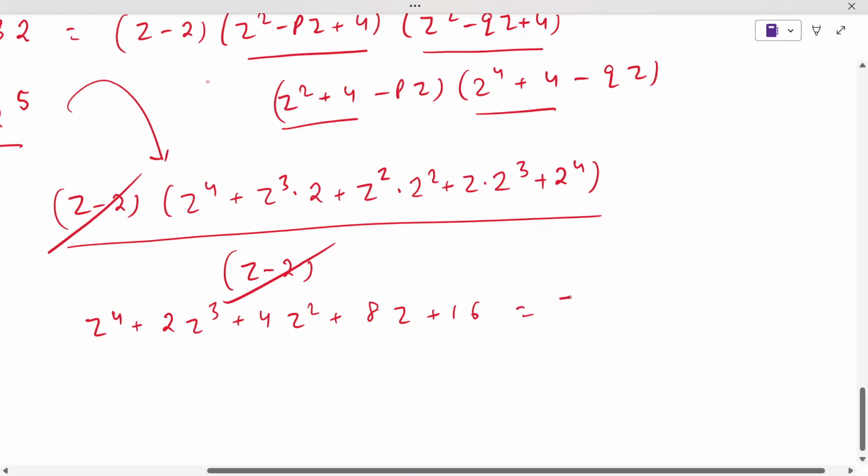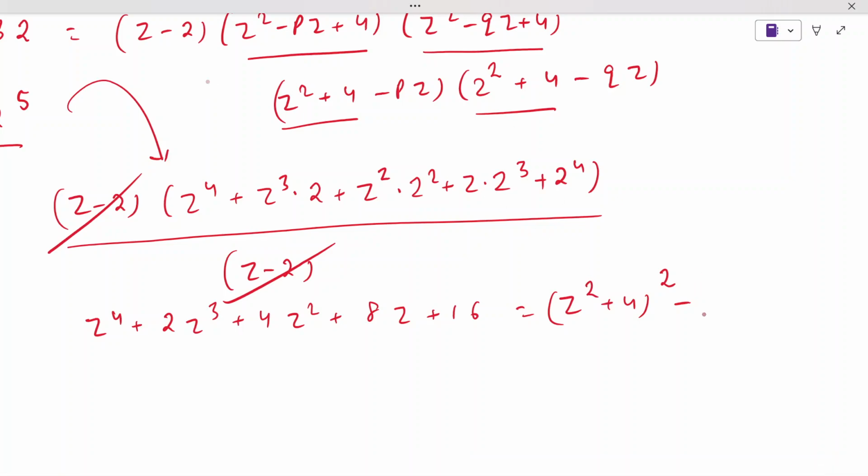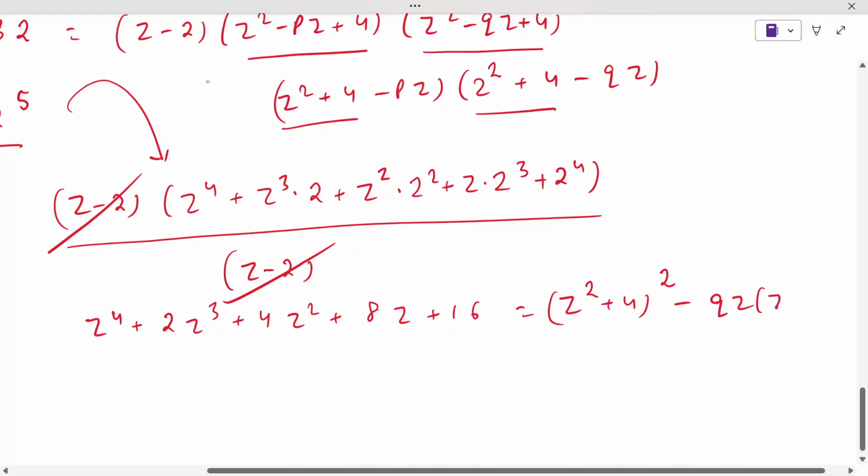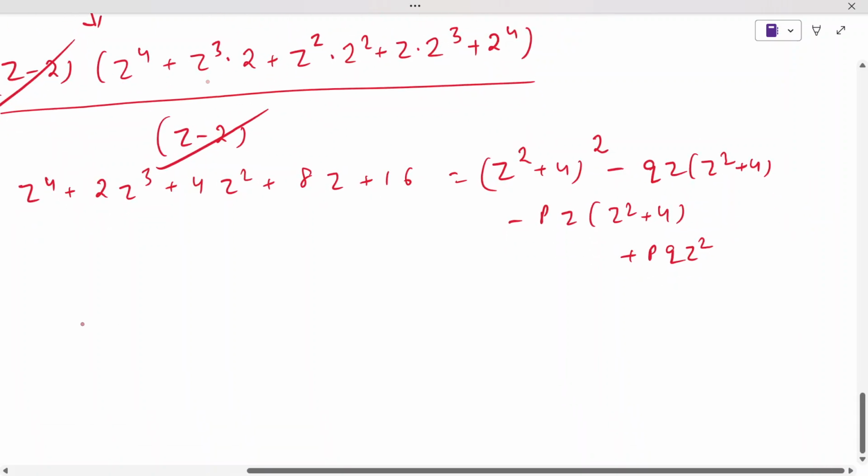So it's very simple. So z^4 plus 4z^2, sorry, z square there. So this thing got to this one. Now I have qz into (z^2 + 4), minus pz into (z^2 + 4), plus pq into z square. Now just compare coefficients.